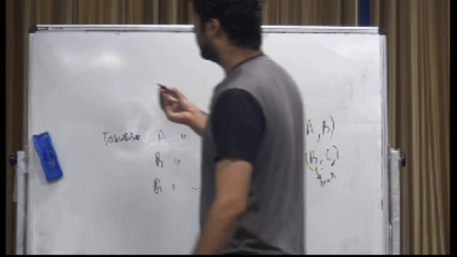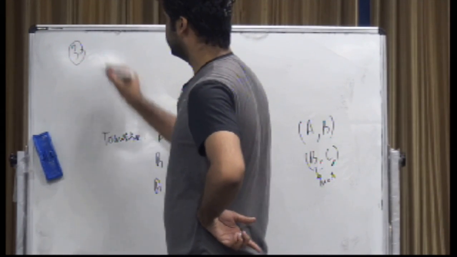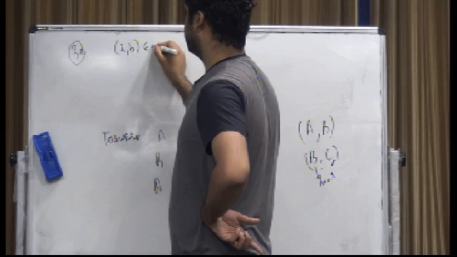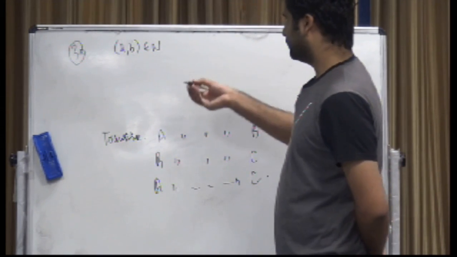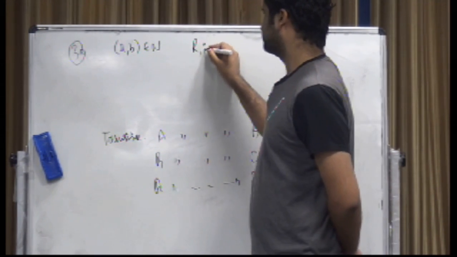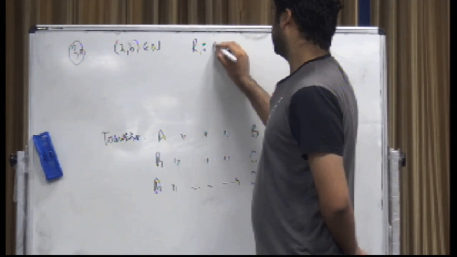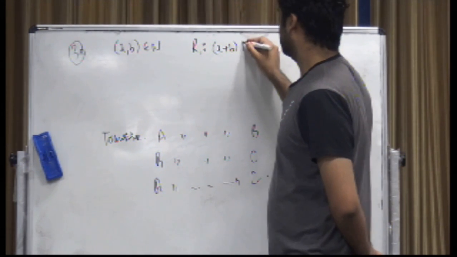Okay. So let's see some other example. If you have A, B, both natural numbers, and if I give you two relations, let's say R1 is: A plus B is a natural number.